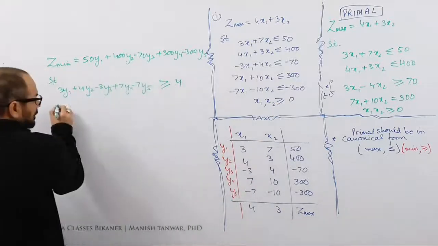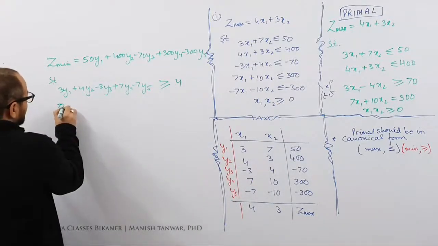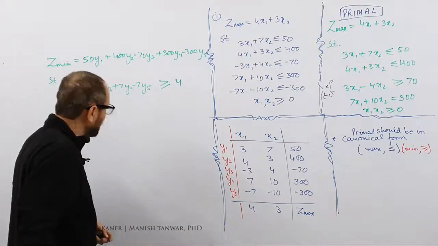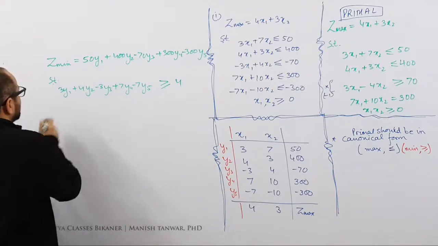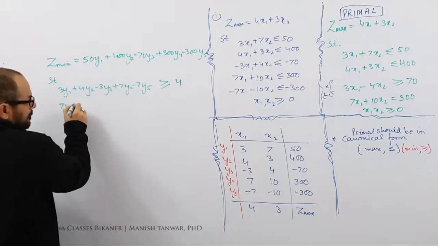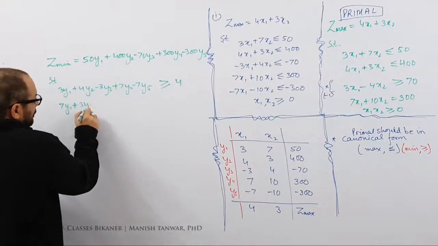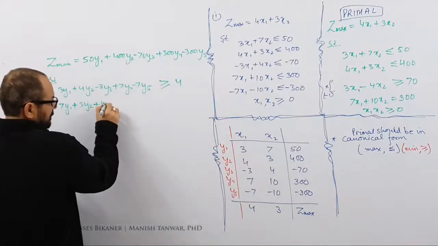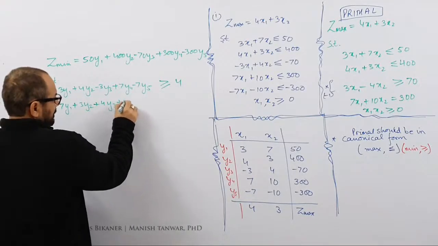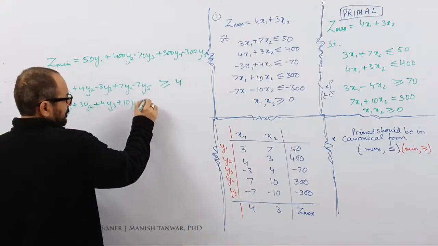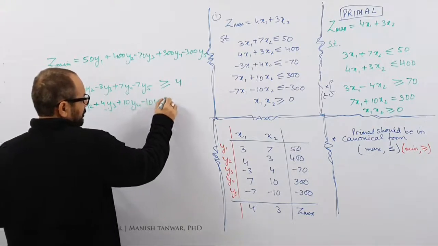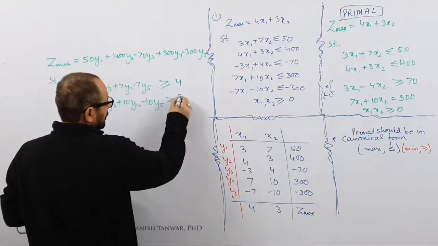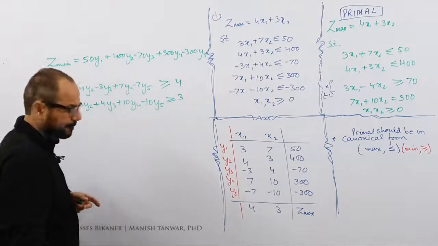Next constraint would be 7y1 plus 3y2 plus 4y3 plus 10y4 minus 10y5. Obviously, it will be greater than or equal to 3.